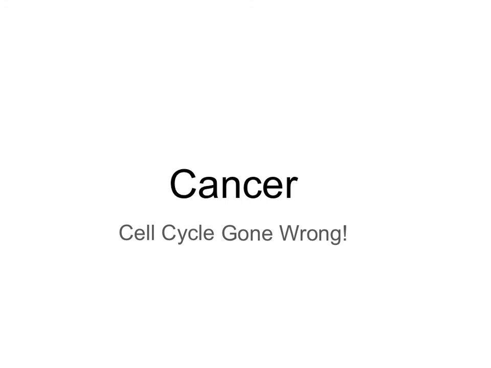Basically, it is a number of mutations occurring in the cells causing uncontrollable cell division. This uncontrollable cell division causes a tumor. These tumors can be classified as either benign, which is harmless, or malignant, which is cancerous. From there, malignant tumors can either metastasize, so that's where they break off, enter the bloodstream, and find another place to live.